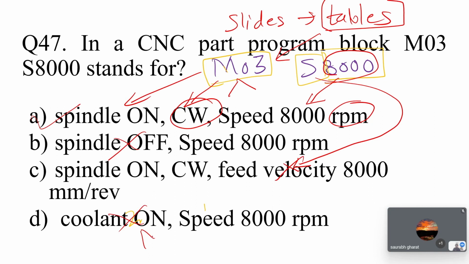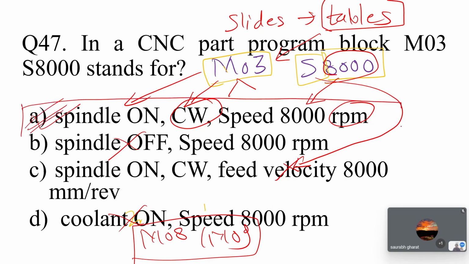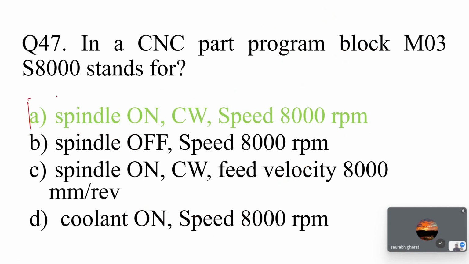We are using M08 and M09 for this code, so it is wrong. So only this is the correct answer. Spindle on clockwise and the speed 8000 RPM. This will be the correct answer.